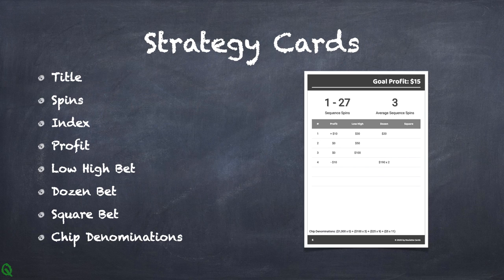And so, taking a look at this, you can see on the left-hand side we have the actual index of the bet. So the first bet is for a profit of $10, and we're going to do $30 on low high and $20 on one of the non-overlapping dozens. So this is a low high 1 dozen bet.